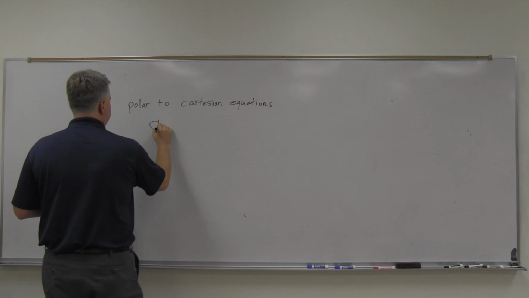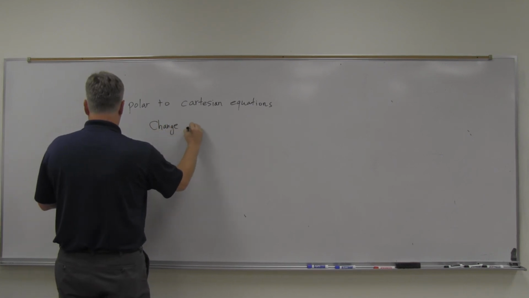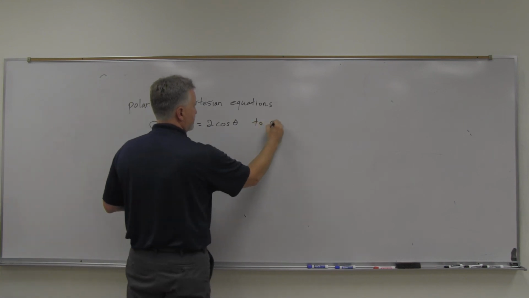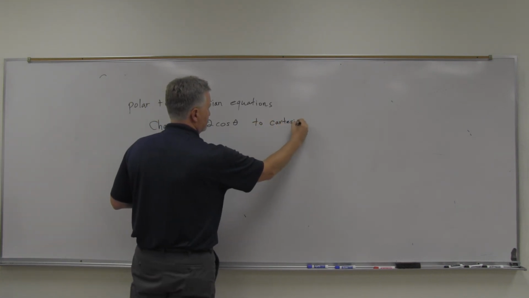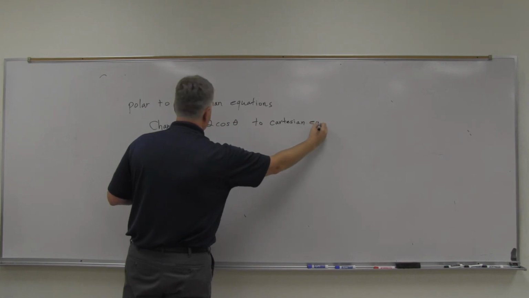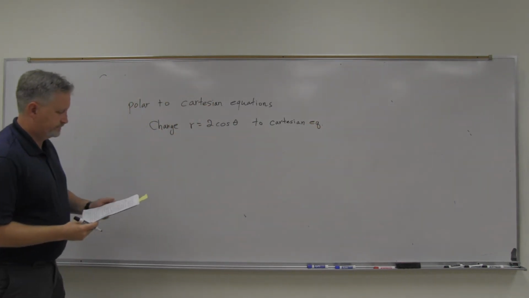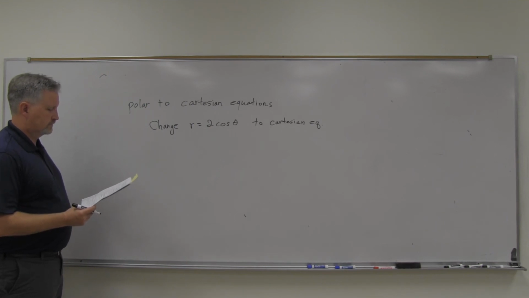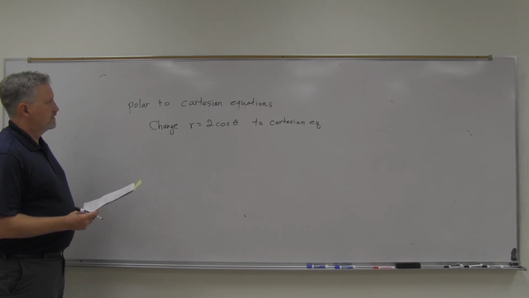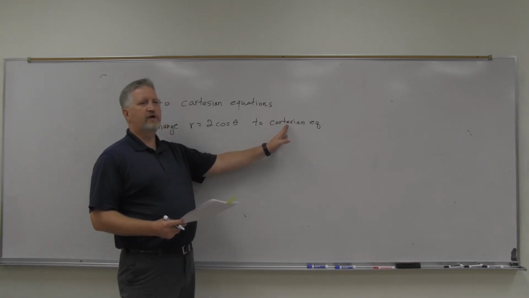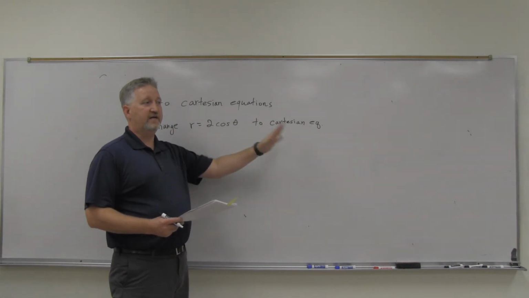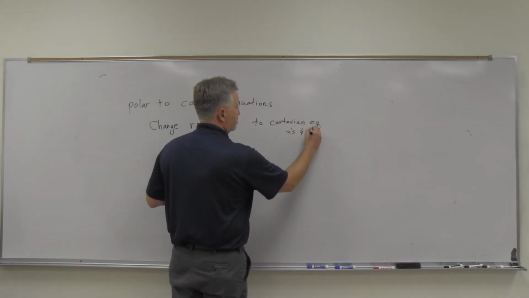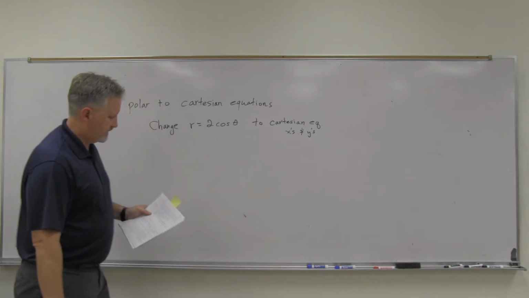Well, let's change r equals 2 cosine theta to a Cartesian equation. Well, what does this mean? We want to go from r and thetas to x's and y's. And what do we know about x's and y's?